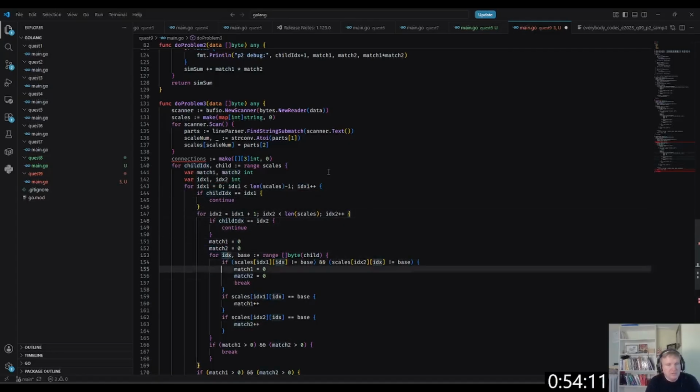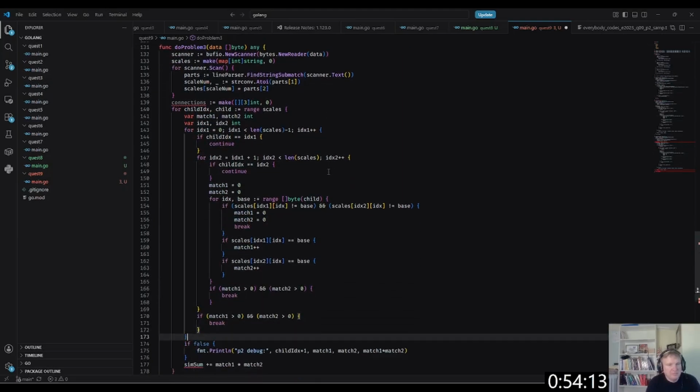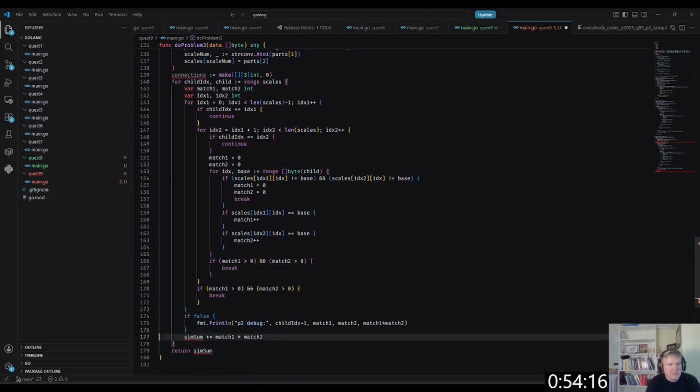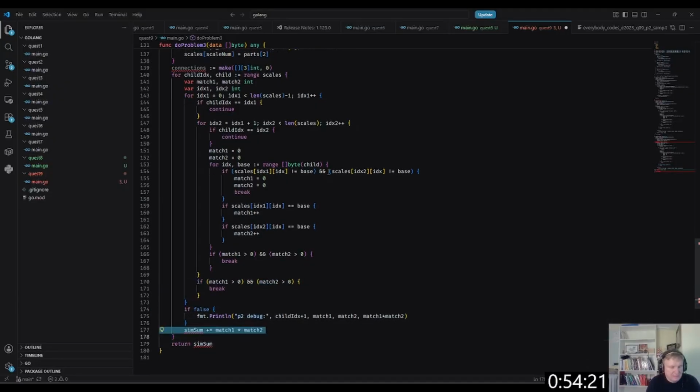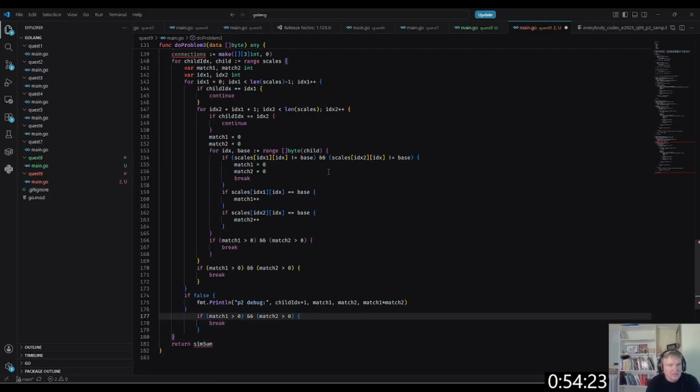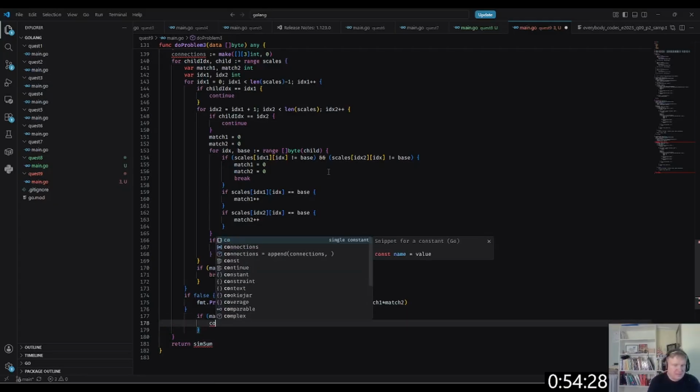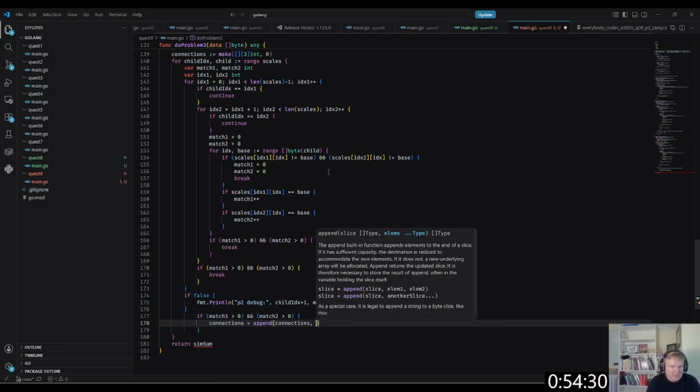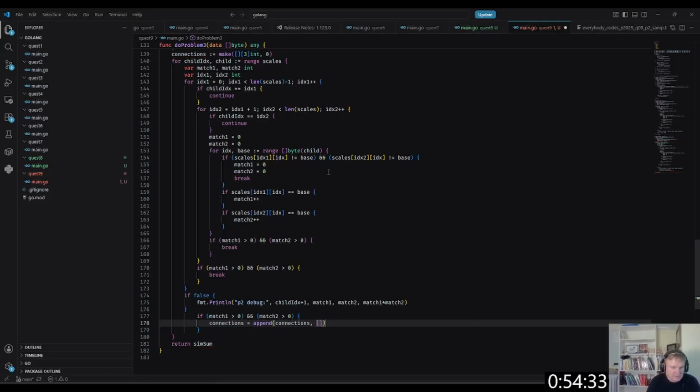Okay, so boom, and then if match 1 and, then connections, append connections of idx1, idx2, child idx.